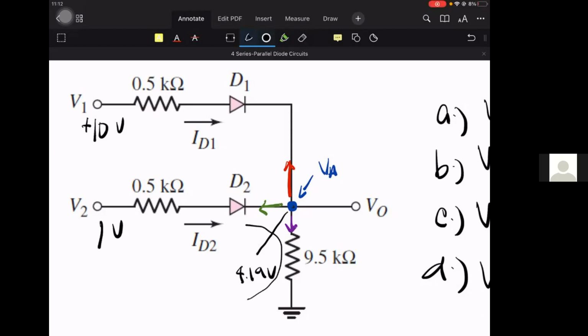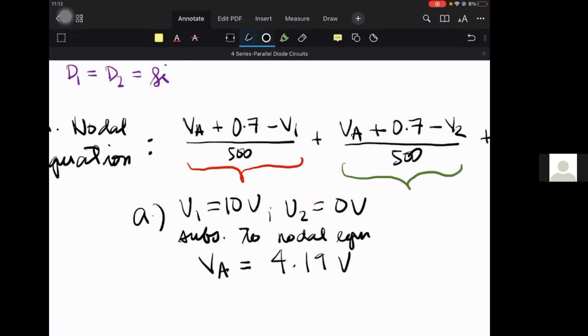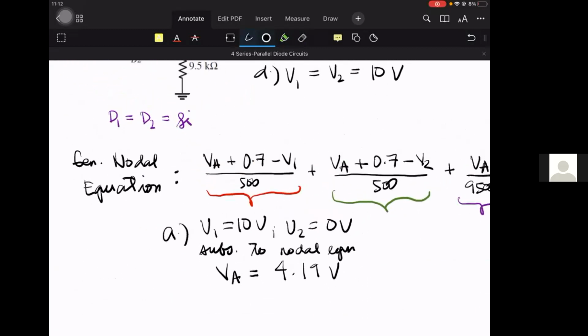So it indeed proves that no current will flow in the second branch. V1 is still greater than VA, therefore diode 1 is forward bias. But V2 is less than VA, therefore diode 2 is reverse bias.